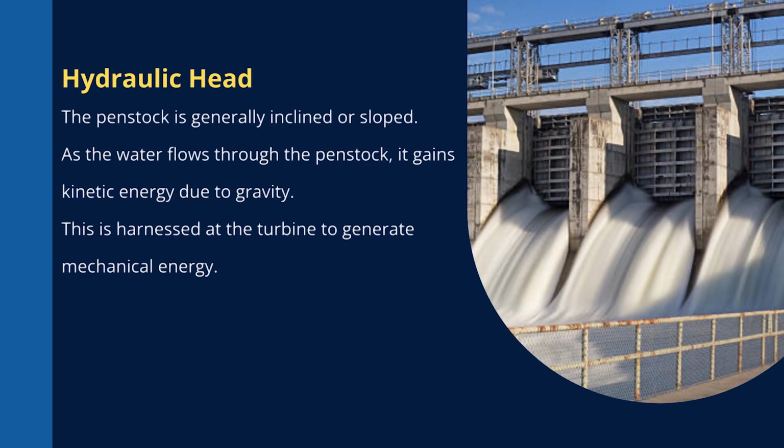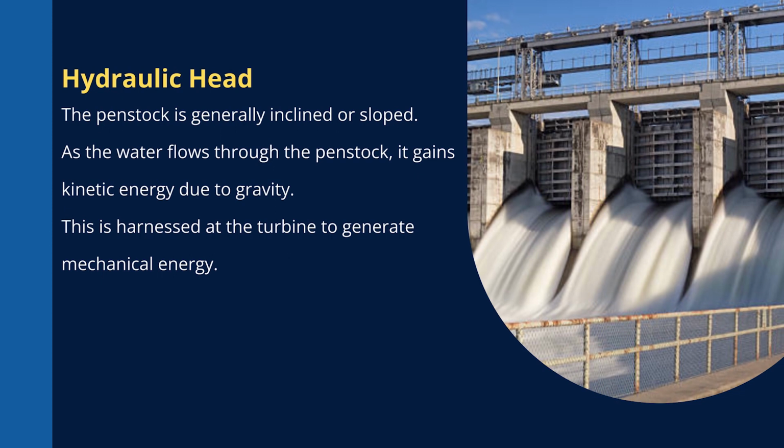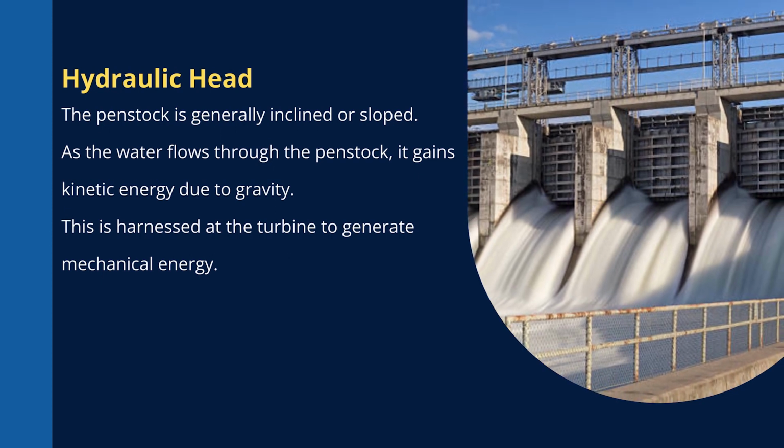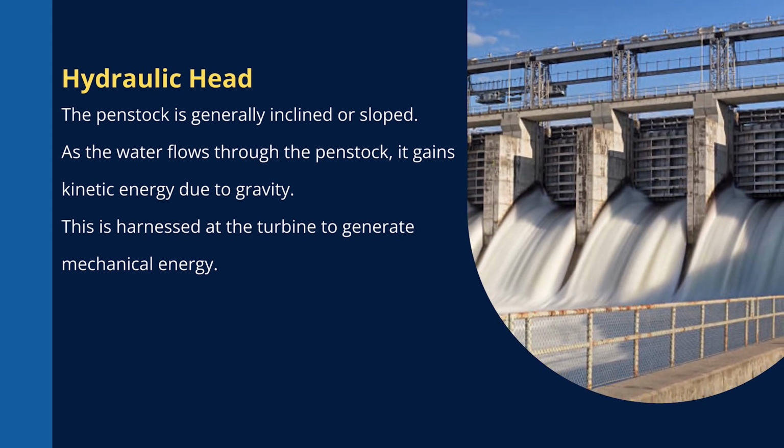Hydraulic head: the penstock is generally inclined or sloped to take advantage of the potential energy created by the elevation difference, or the head, between the water source and the turbine location. As the water flows through the penstock, it gains kinetic energy due to gravity, which is harnessed at the turbine.